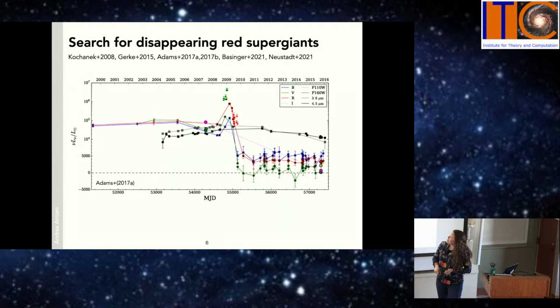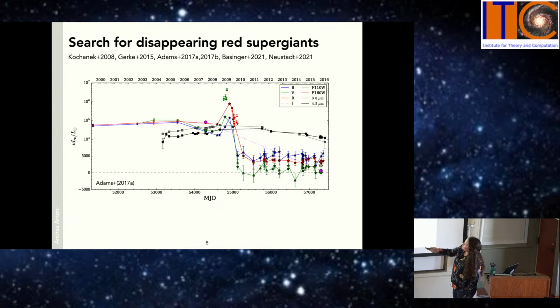Okay, so the light curve is interesting. This is a light curve from about 2000 to 2016 of this star. What you can see is that before late 2008 or early 2008, this star in the optical, and I should say that the blue, the red, and the green here are optical bands, and the gray and the black here are Spitzer infrared bands, okay?